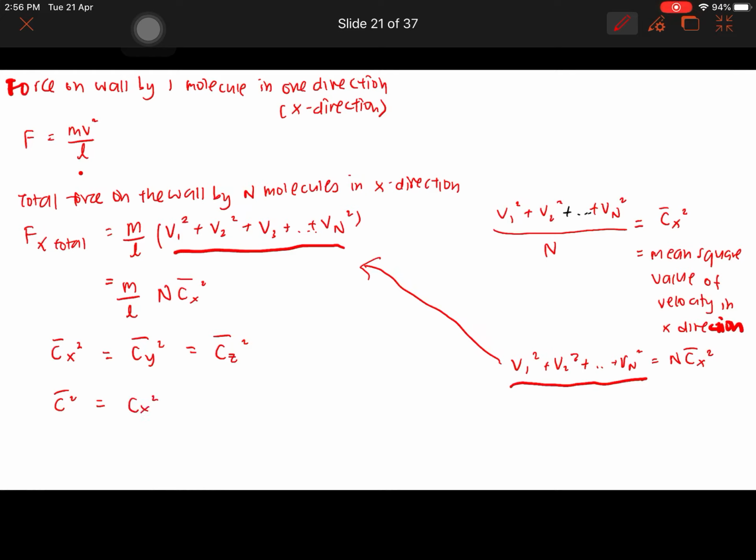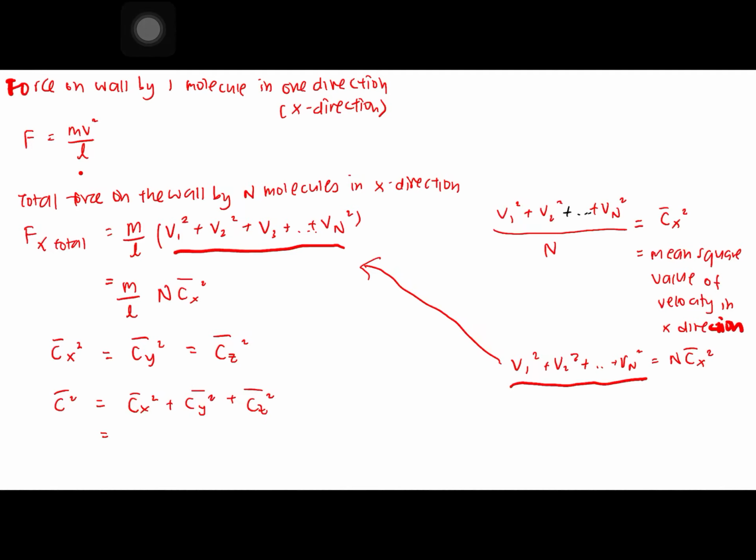I will add them up. Hence, since they are all the same, this is actually 3 times the mean square velocity in the x direction, which is equal to the total mean square velocity. So if I just want the mean square velocity in the x direction, it is 1/3 of the mean square velocity in all directions.